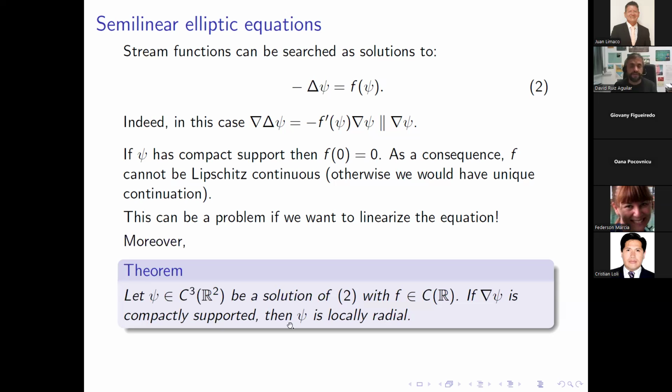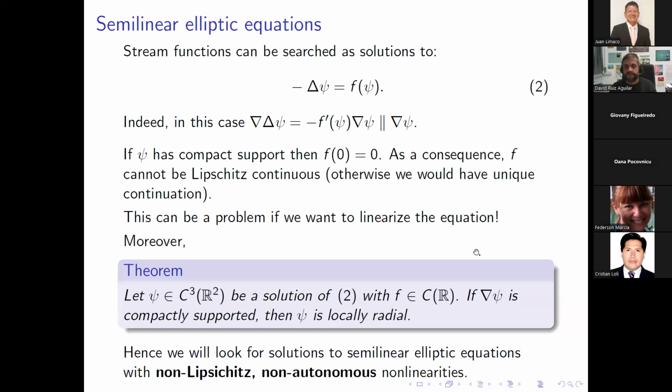So this theorem tells you that if you have such a solution psi in C3, then if the gradient of psi is compactly supported, then psi is locally radially symmetric. So there is no hope to find a solution as we want, at least if you want C3 solutions or higher.